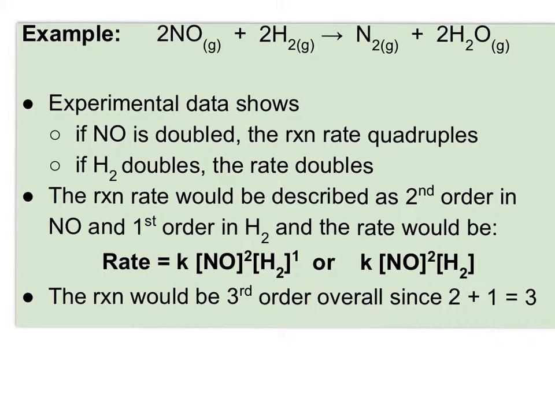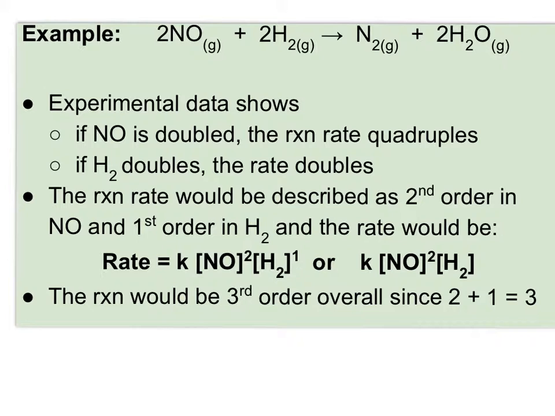my rate simply doubles. So my reaction rate would be described as second order in NO and first order in H2, because when I double NO, it quadruples, or it's taken to the second power, whereas when I doubled H2, it was only taken to the first power, or only doubled.